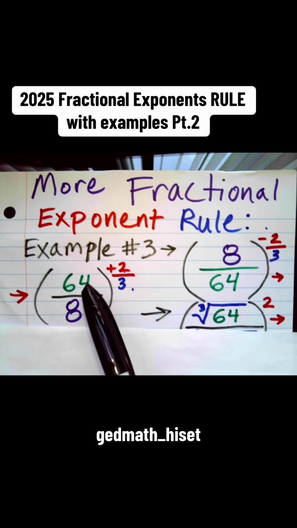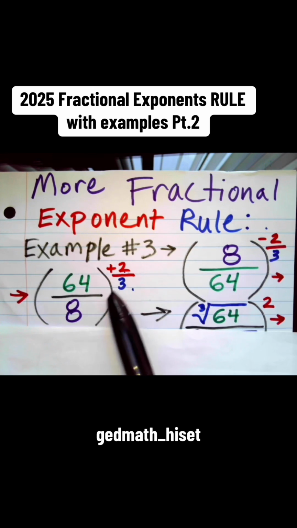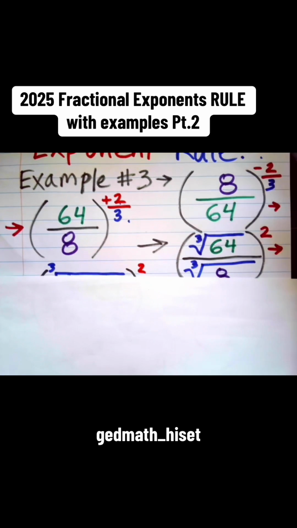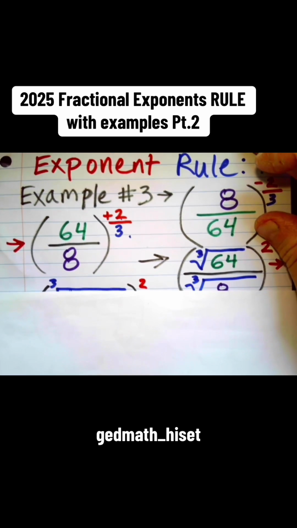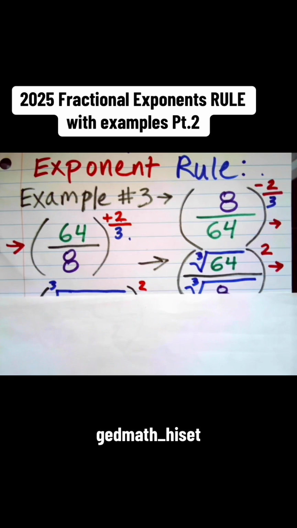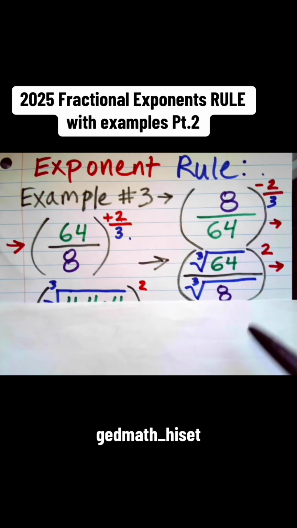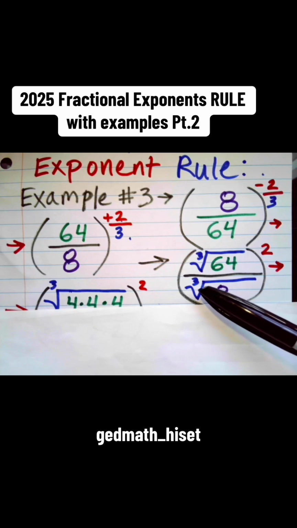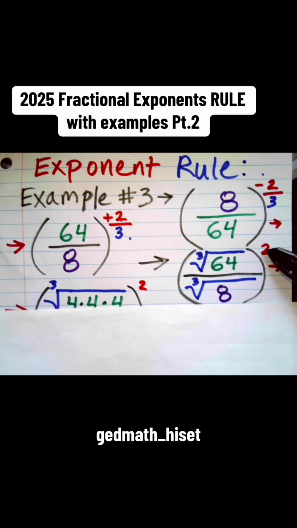So I'm going to put a cubed root over 64, cubed root over 8, in parentheses, and outside the parentheses, to the power of 2. And that's what you can see over here: cubed root of 64, cubed root of 8, raised to the power of 2.